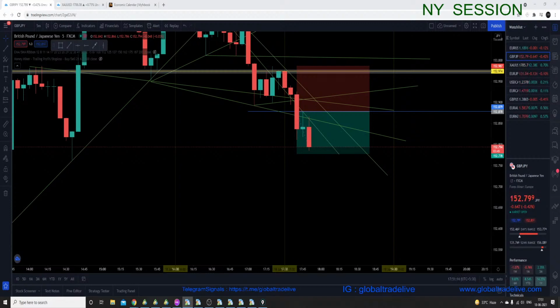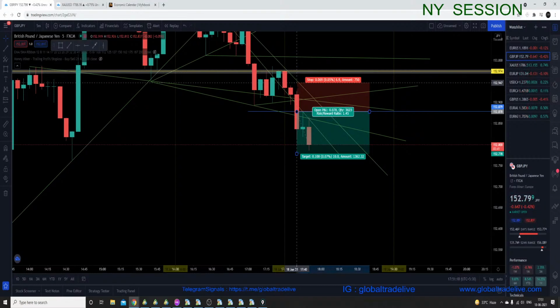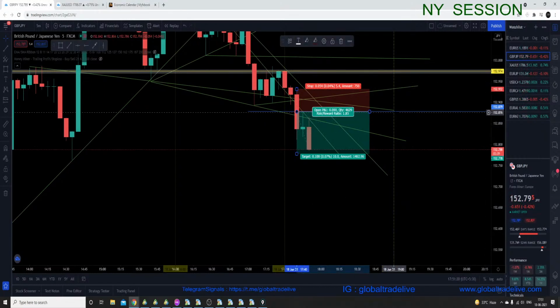Volume is coming in the market. So I'm gonna take my stop loss at this point, which is 152.932.